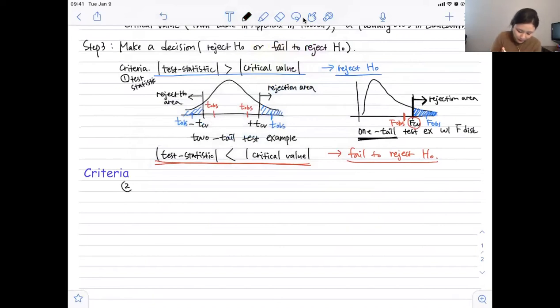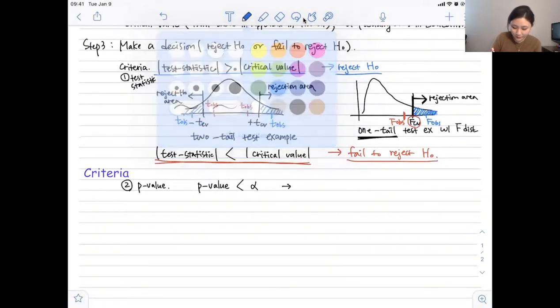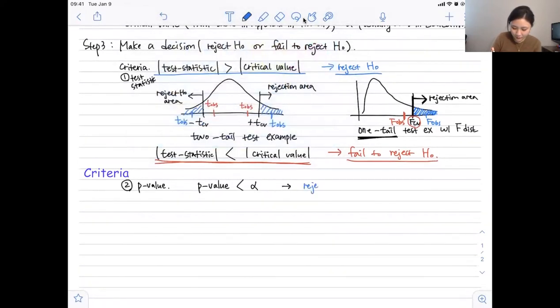Second one, we can compare with the p-value. If my p-value is less than alpha, we reject the null hypothesis. I'm gonna show you with an example. This is the T distribution.